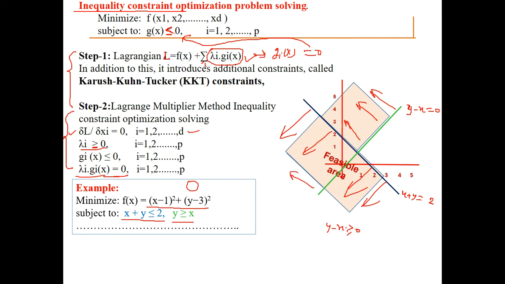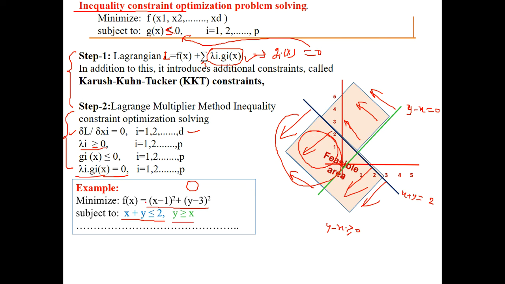So taking the intersection of both, this part is the intersection. So the solution must lie in this region.